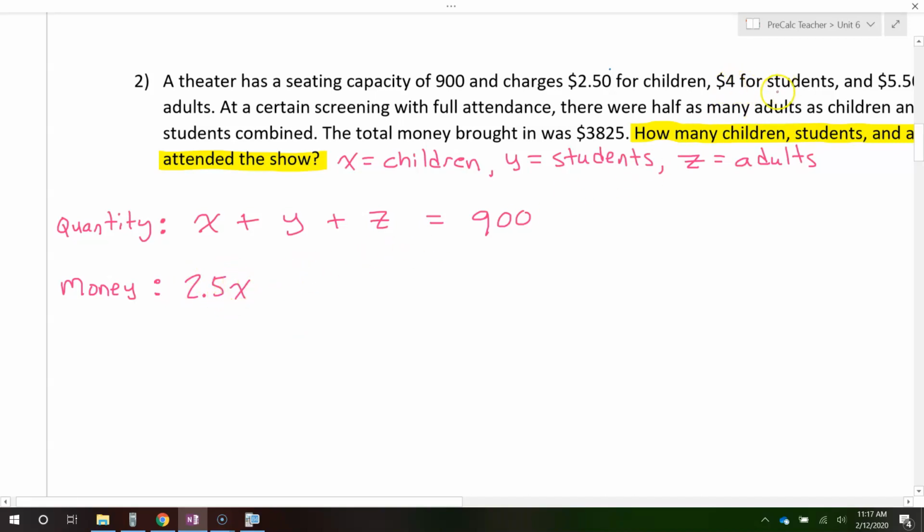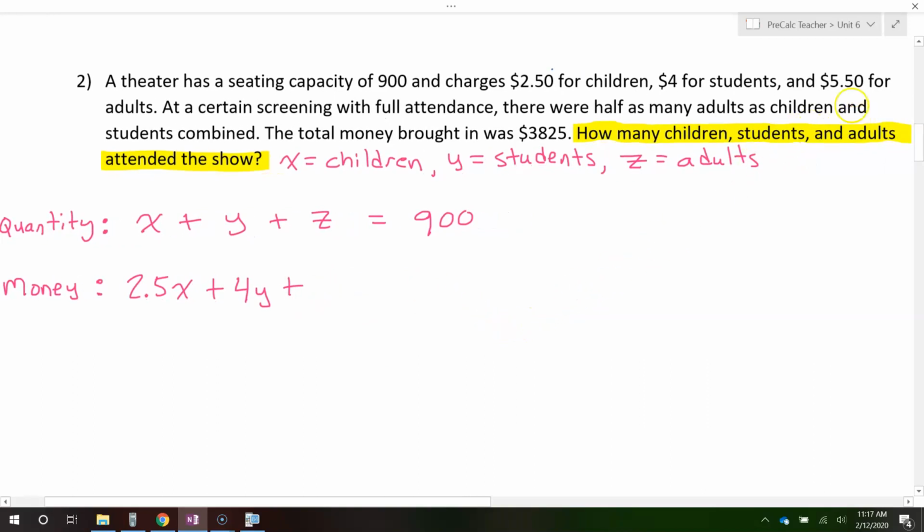Since we're charging $4 for students, then that's going to be 4 times the number of students, the money from student tickets. And we are charging $5.50 for adults. So $5.50 times z, that will be the amount of money from adults. If we add the amount of money from children tickets, student tickets, and adult tickets, that should be the total amount of money, which we are told is $3,825. So that's two equations.